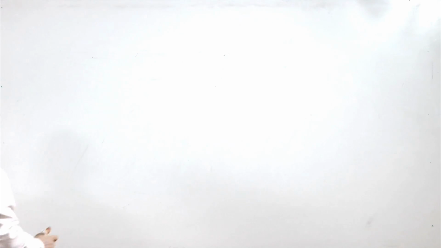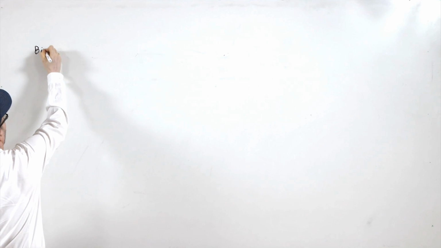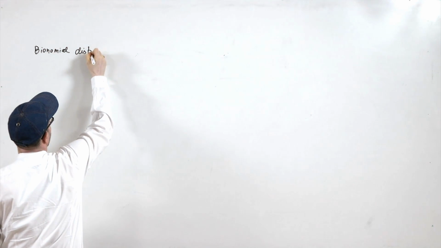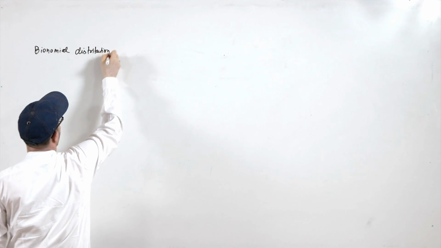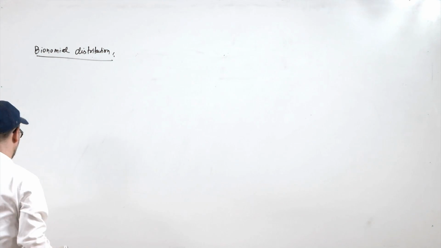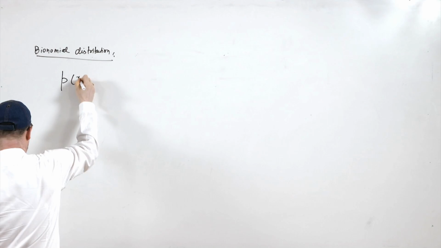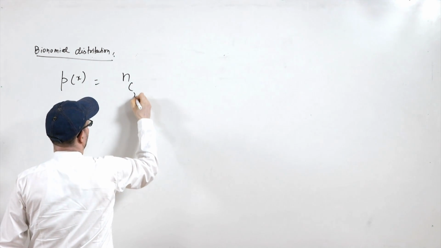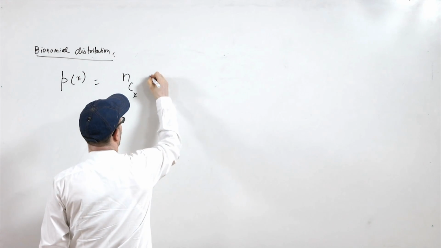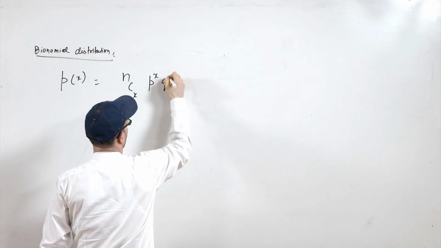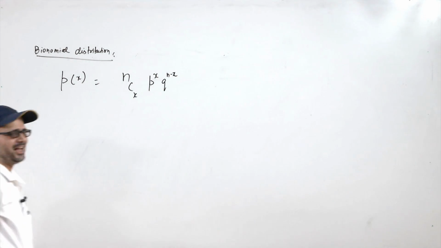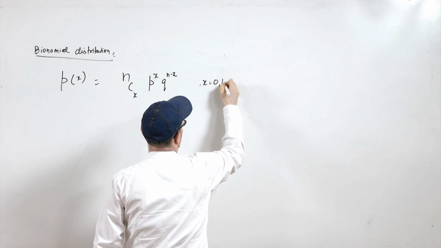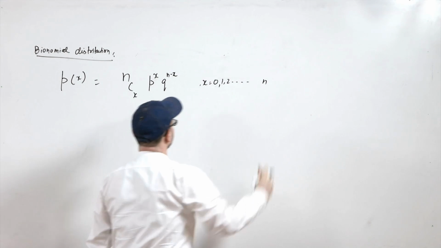So, in the binomial distribution, P(x) will be nCx p^x q^(n-x), as we have discussed, where x is 0, 1, 2 to n.